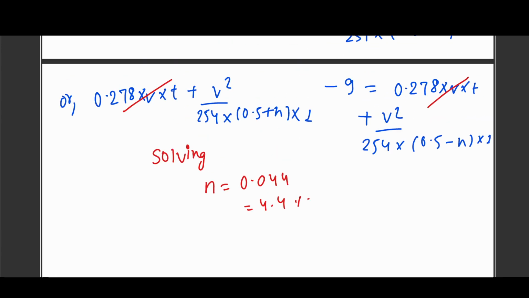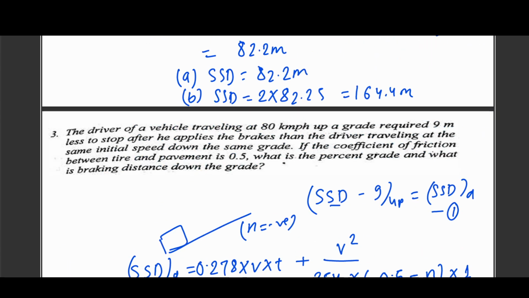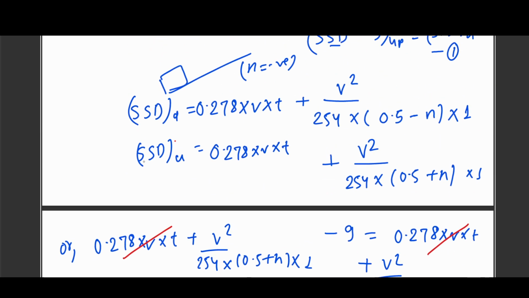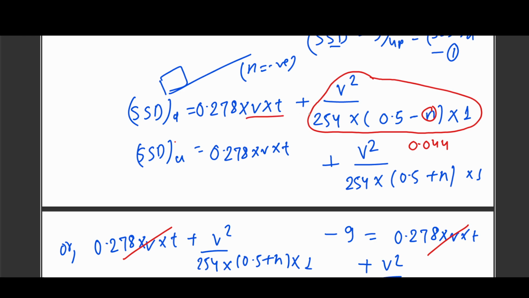Now what is given in the question? What is the percentage grade? We calculated it. And what is the braking distance down the grade? We keep the value of n at 0.044 and calculate this value, because this is lag distance and this is braking distance.